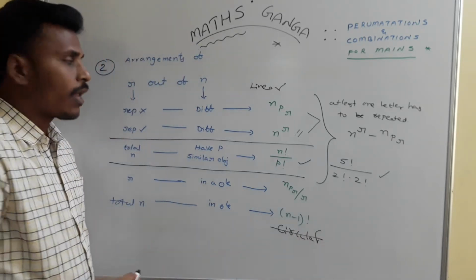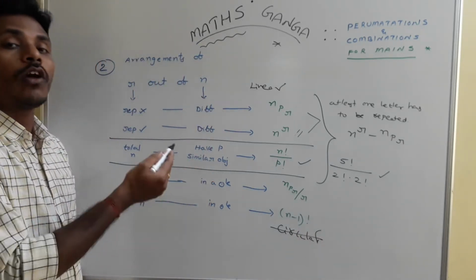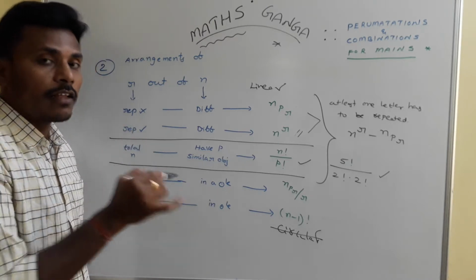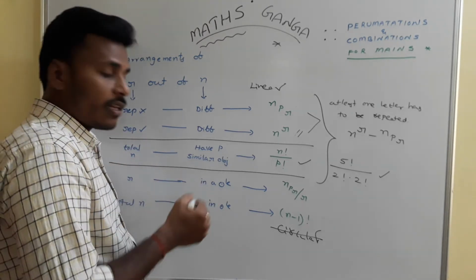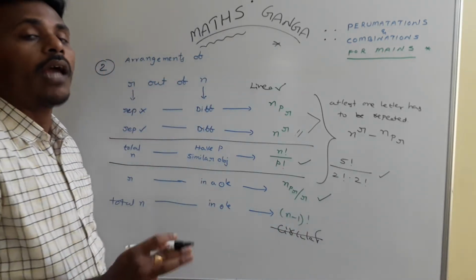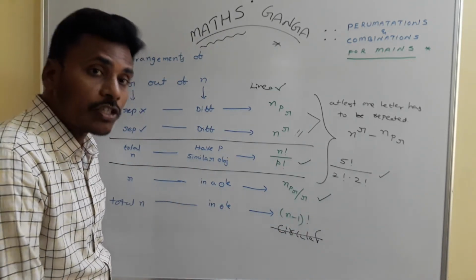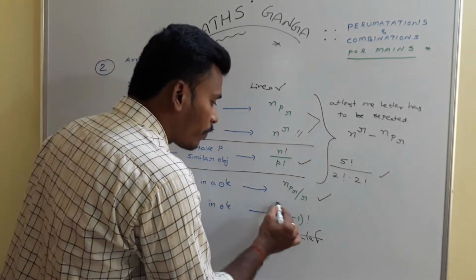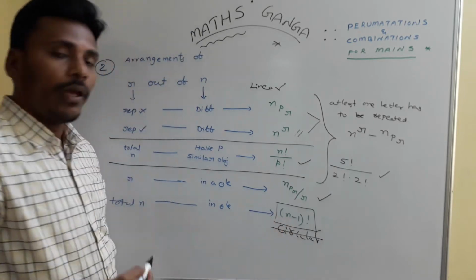For example, I have N objects, and out of those N objects, I need to arrange only R objects in a circular way. If I wish to arrange in a circular way, then the number of arrangements is given by the rule NPR by R. And if I wish to arrange all N objects in a circular manner, it can be done in N minus 1 factorial ways.